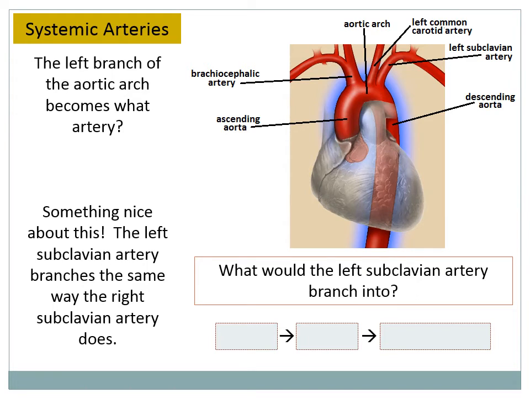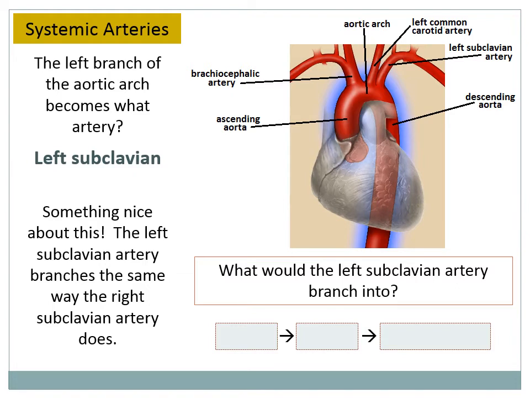Now our left branch all the way to the left of our aortic arch is going to branch into what kind of artery here? Yep, that is our left subclavian, which again should sound familiar. We had a right subclavian, now we have a left subclavian.